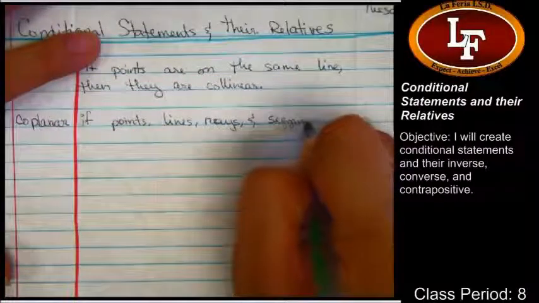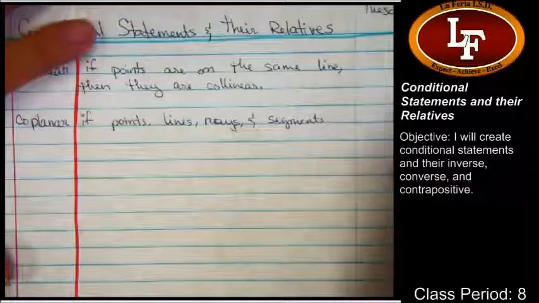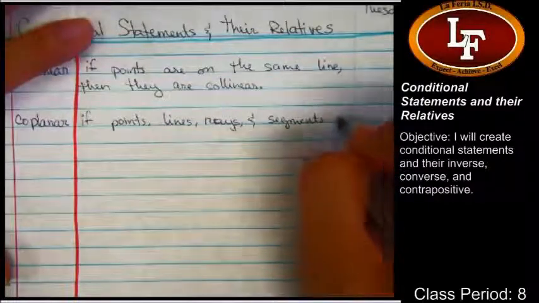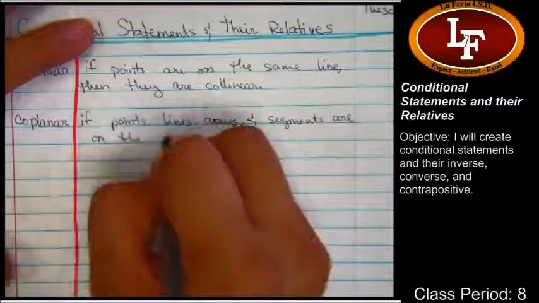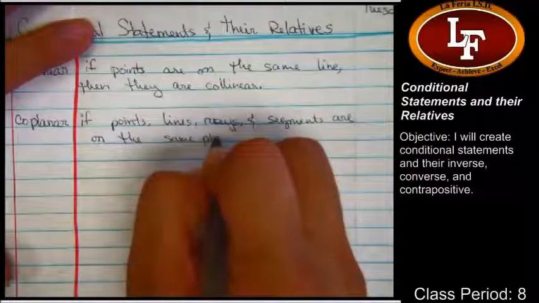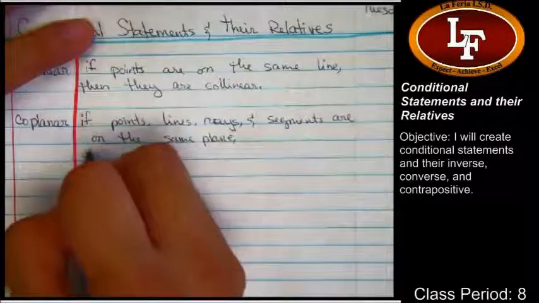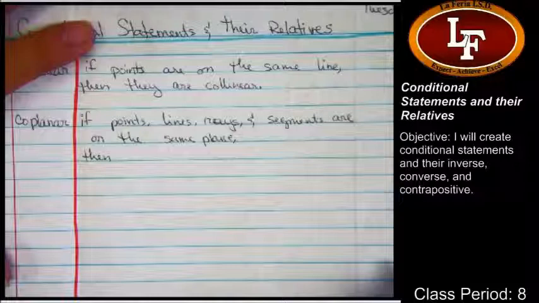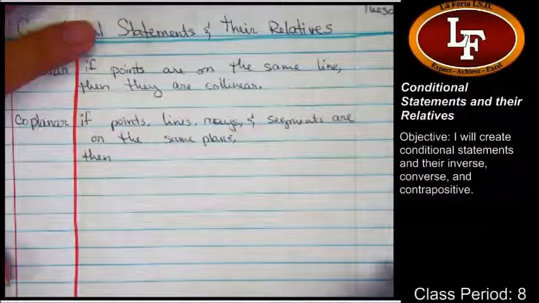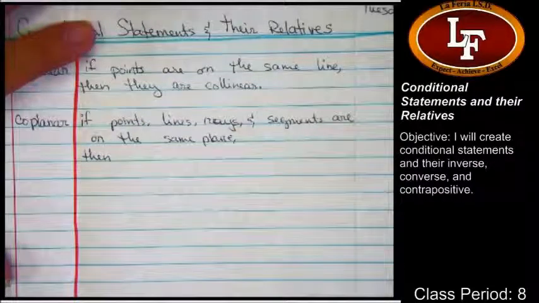So all of those things: if points, lines, rays, and segments are on the same plane, then what? If they're on the same plane, then what? They are coplanar.